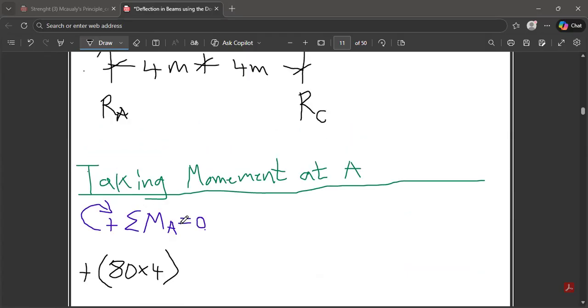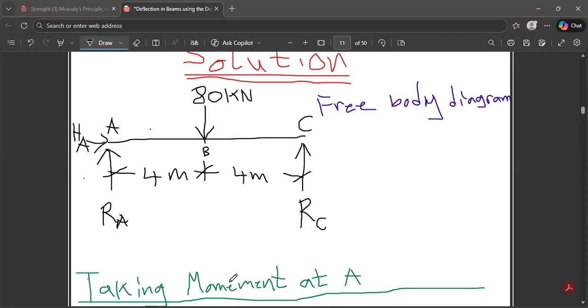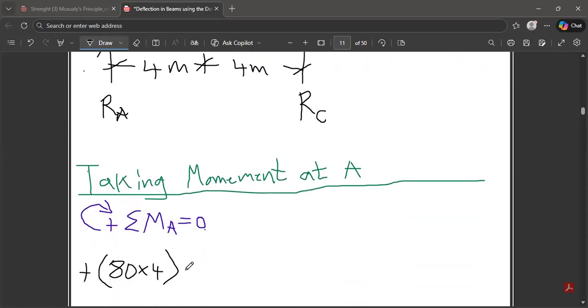And the other one, we are still standing at A. If we open to C and follow the direction, realize that this time we are going to take an anti-clockwise moment. Anti-clockwise is negative this time. So negative RC times 8.